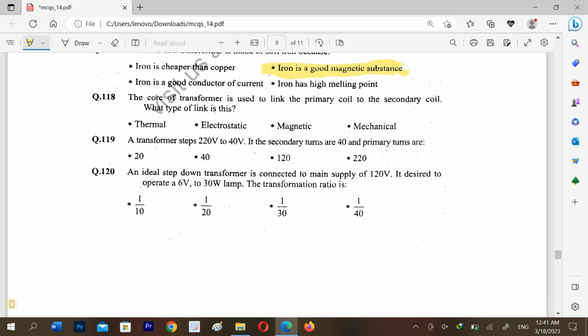The secondary turns are 40 and primary turns are 220. An ideal step down transformer is connected to main supply of 120 volt. It is desired to operate a 6 volt to 30 watt lamp. The transformation ratio is 1/20. Thank you, Allah Hafiz.